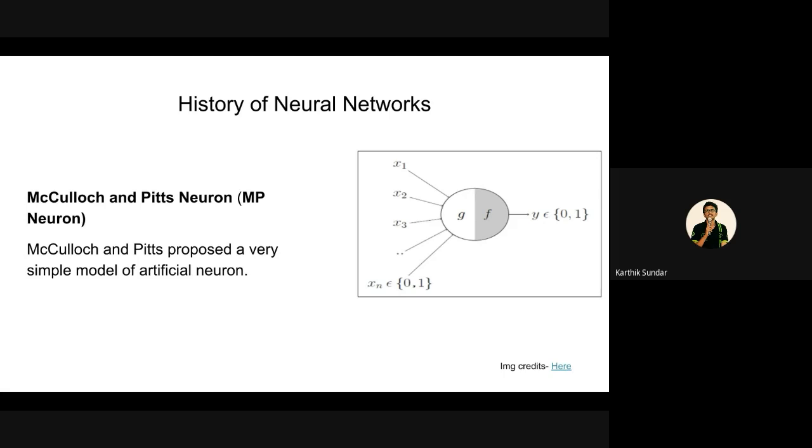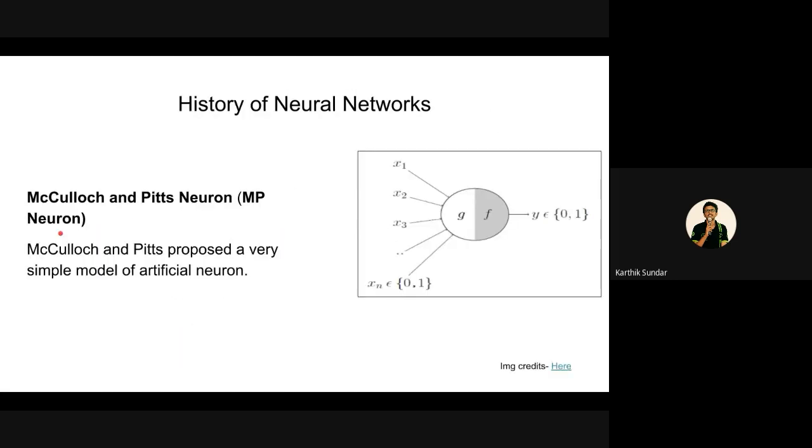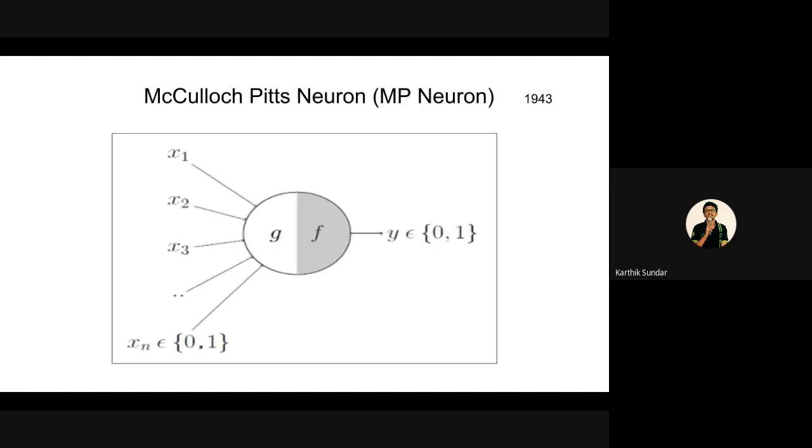The very first breakthrough was by McCulloch and Pitts, two famous gentlemen, and the neuron was called the McCulloch and Pitts neuron, shortly called the MP neuron. They proposed a very simple model of an artificial neuron. This is the model they proposed. There are n inputs, x1, x2, x3 till xn, and the output y is equal to 0 or 1, and g can be some function, and f can be some function on that. A very simple thing.